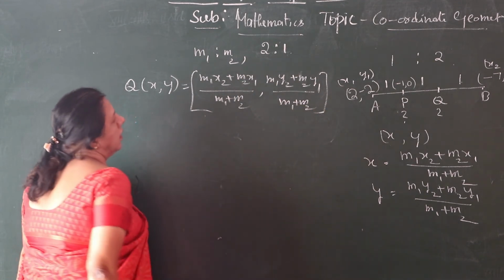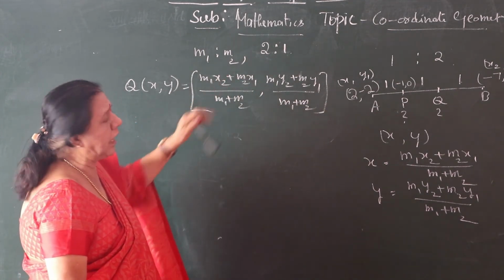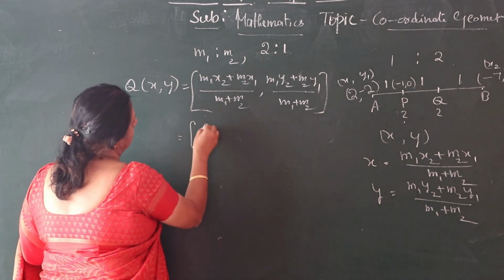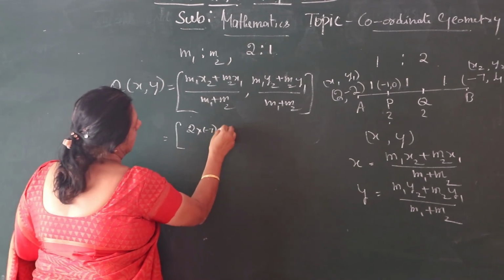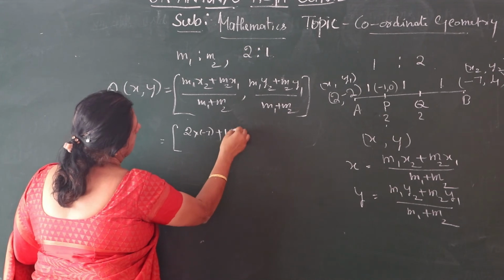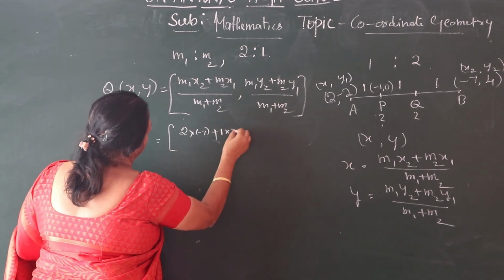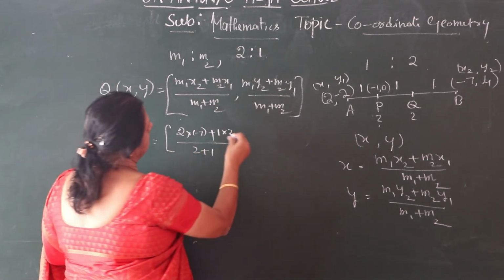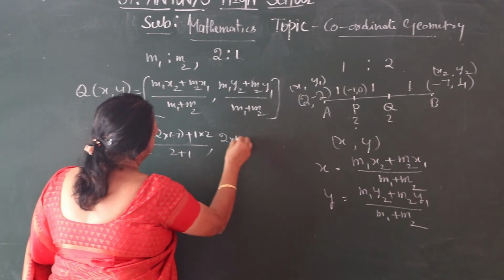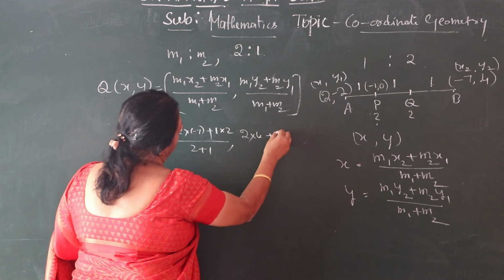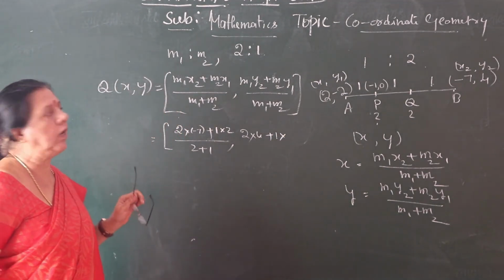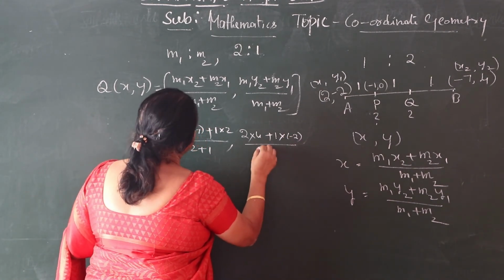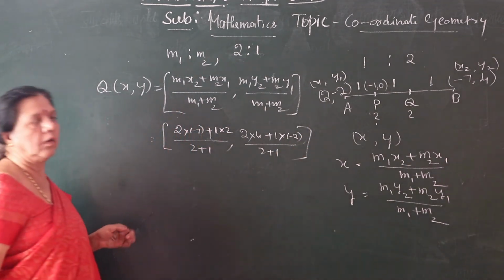The values are the same, only the ratio is changing. Now for the Q coordinates, M1 is 2, X2 is -7, plus M2 is 1 into X1, which is 2, by 2 plus 1, comma, 2 into 4 plus 1 into -2 by 2 plus 1.